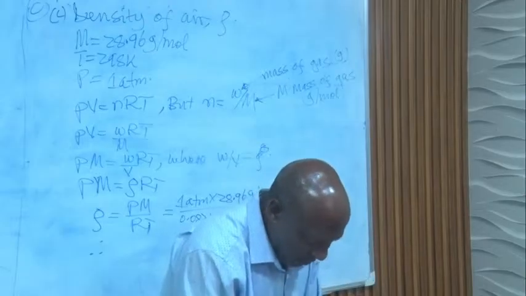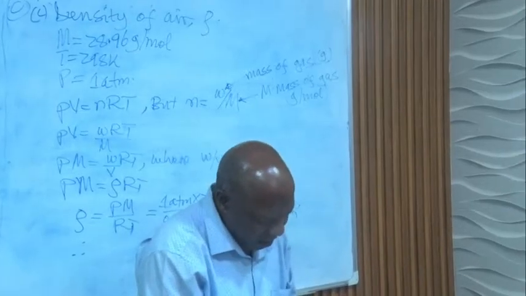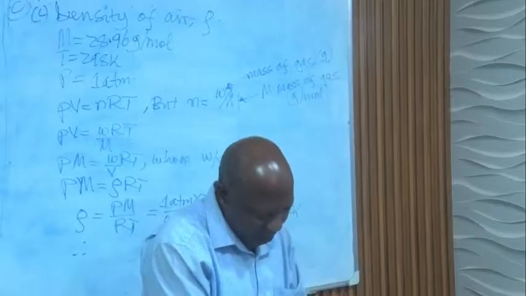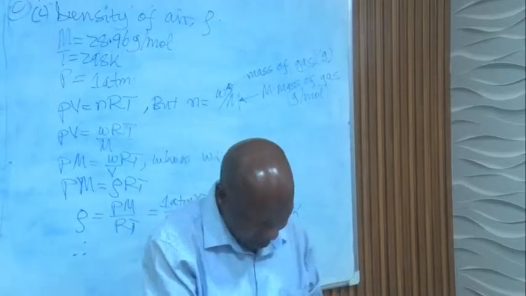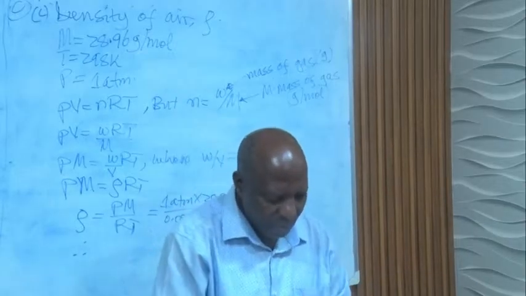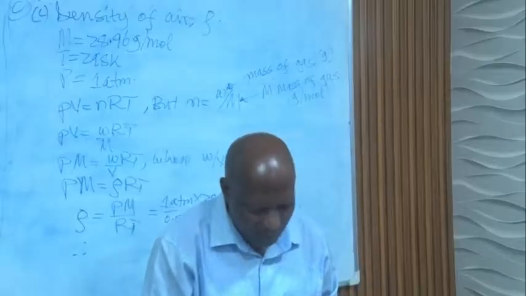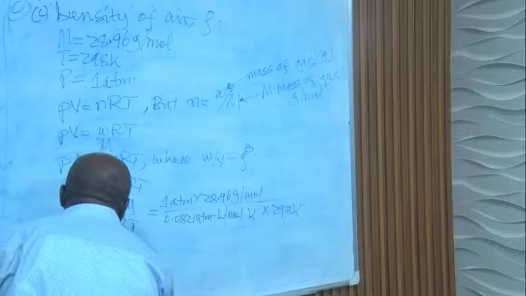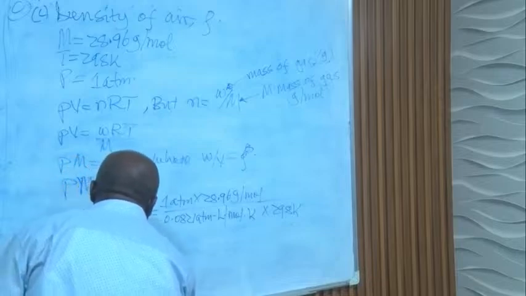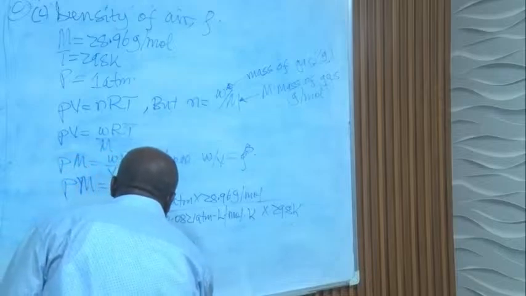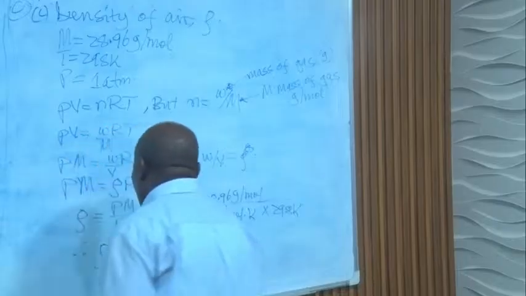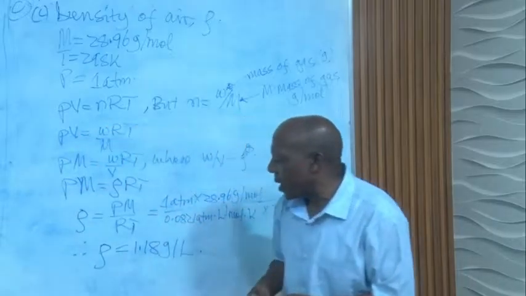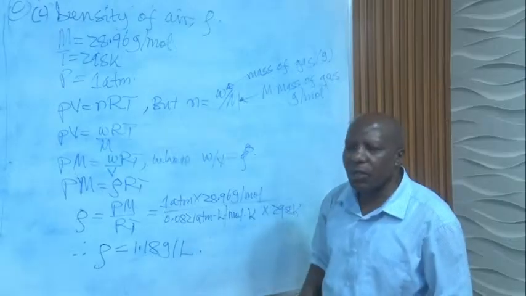The density of the gas is 1.18. So therefore, the density of this air is equal to 1.180 grams per liter. This is the density of air, the air used to fill the balloon.